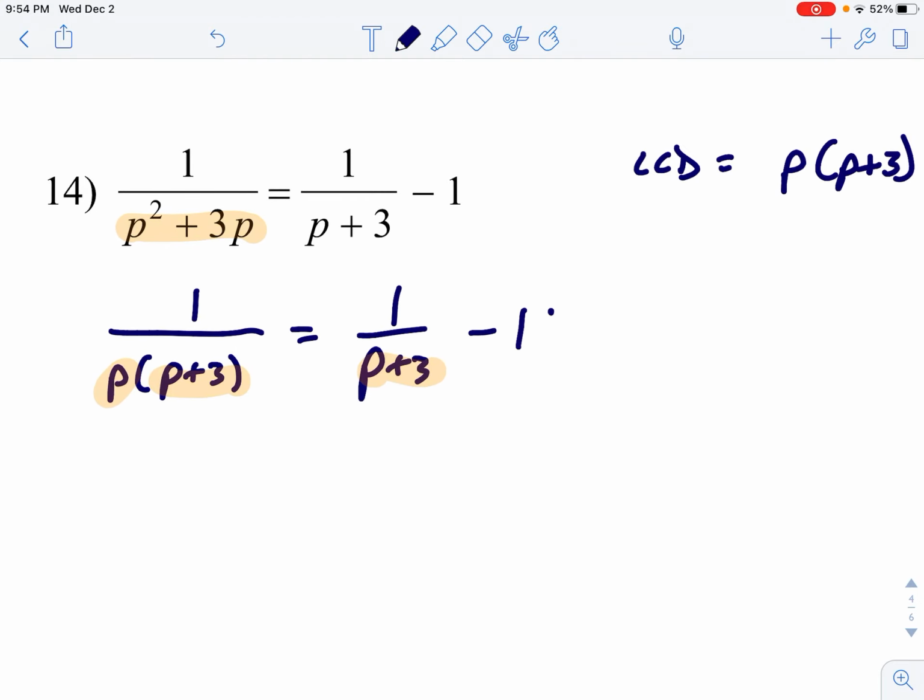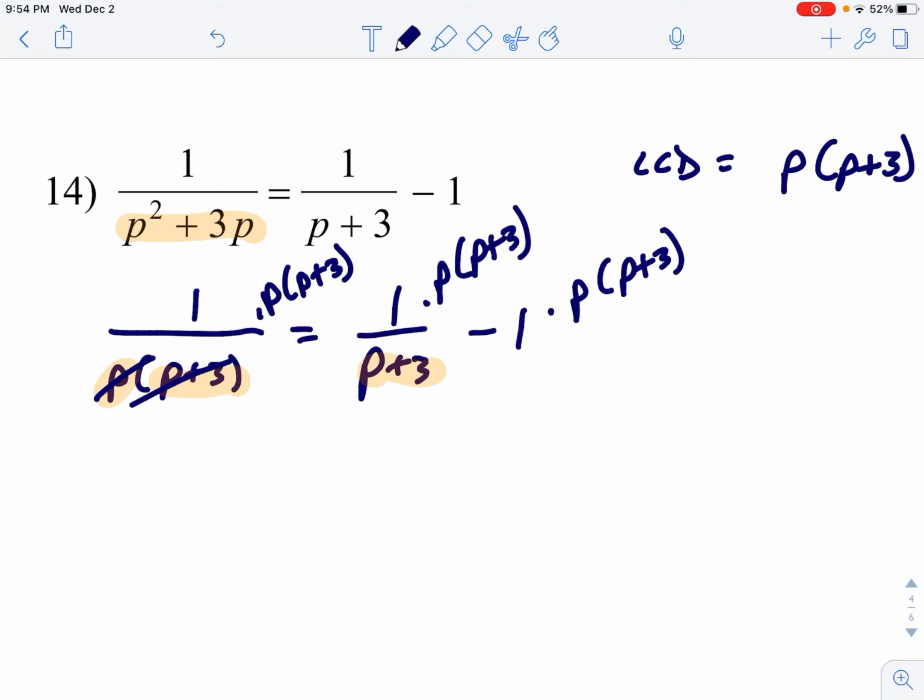So multiply everything times p times p plus 3. That way everything here cancels. I can bring down a 1. The p plus 3 cancels there. I can bring down 1 times p, which of course is just p.